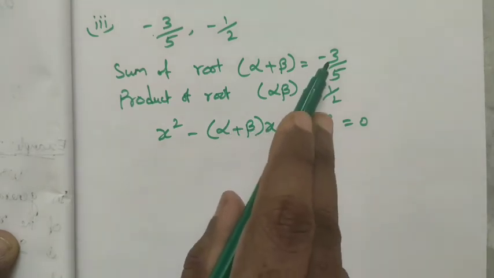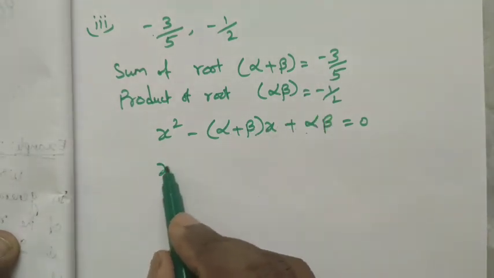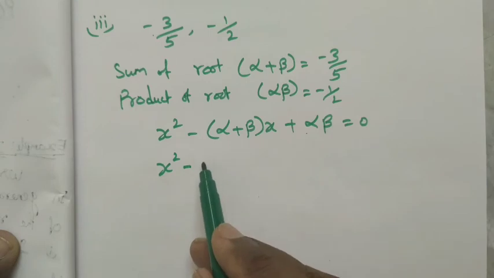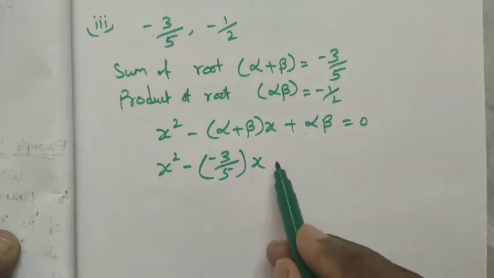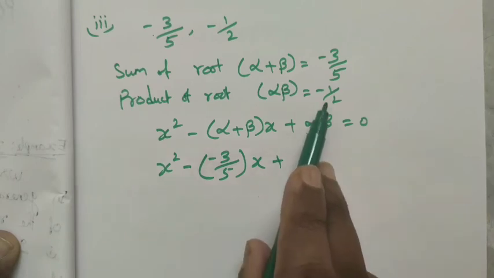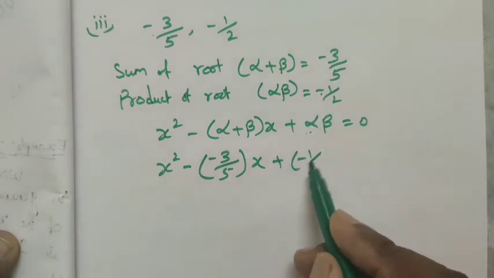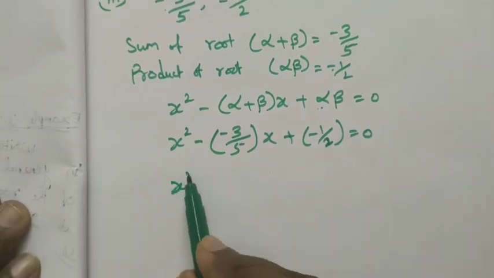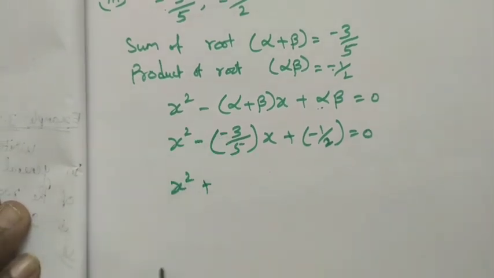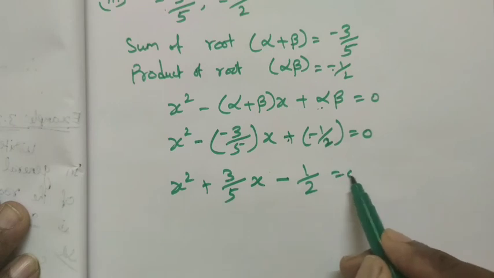Now apply the values. Here x square, inside the bracket I put minus 3 by 5 into x, plus alpha into beta, here we have the minus symbol, so minus 1 by 2 equal to 0. Next we multiply the terms: minus into minus plus 3 by 5 into x plus into minus 1 by 2 equal to 0.